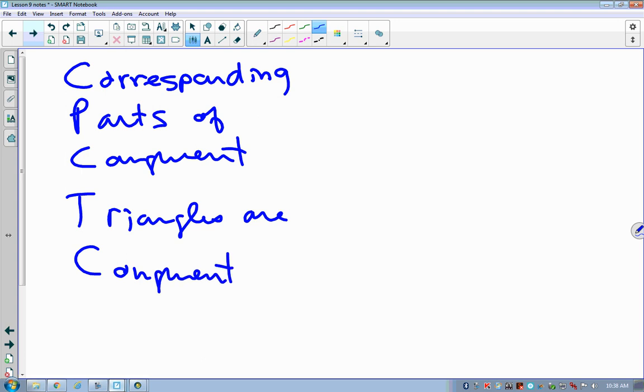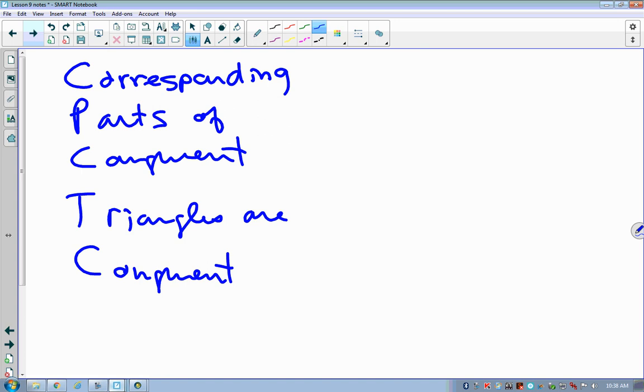Okay? If I'm trying to prove that one part of a figure is congruent to another part of a figure, almost every single time I'll have to prove first that the two figures are congruent to each other, so I'll need a congruency statement. And then finally, after I've proven that those two triangles are congruent, I can say this part corresponds to this part. They are congruent through CPCTC.